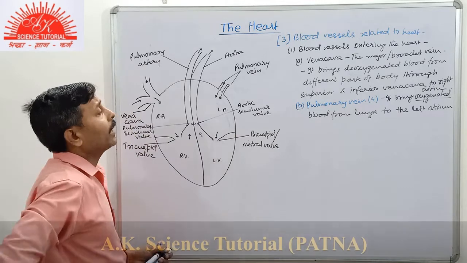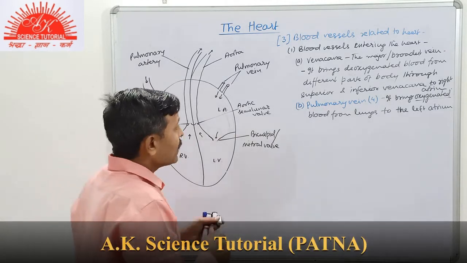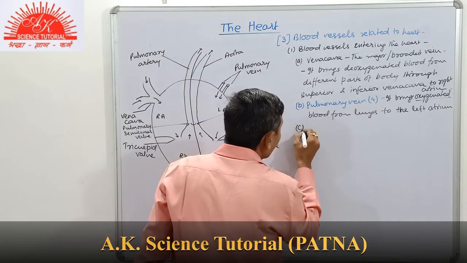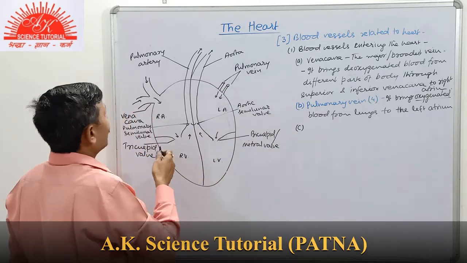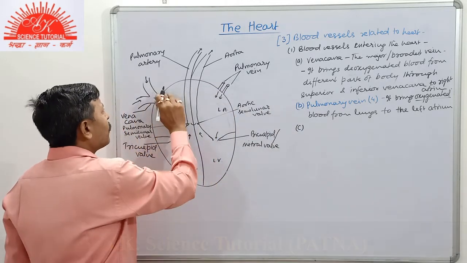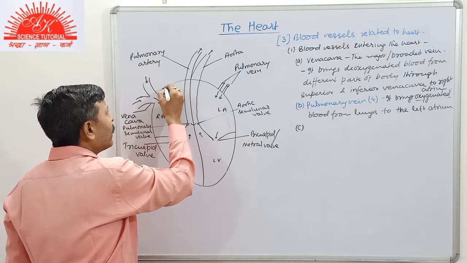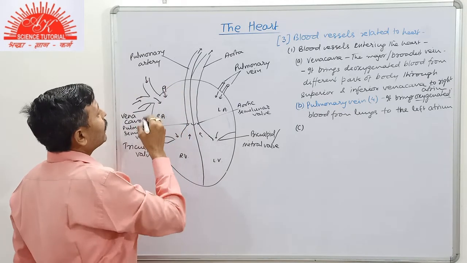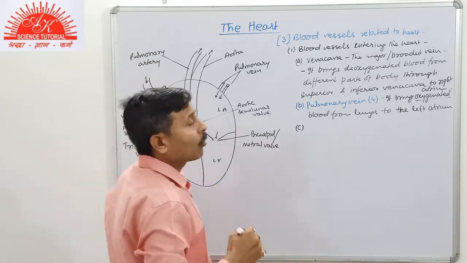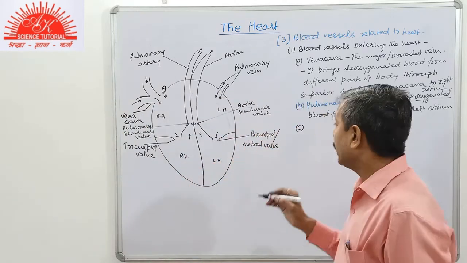In general we study only these, but there is one more vein which is not given in the diagram and not studied in general, another vein opening here, that is called the coronary sinus or coronary vein.